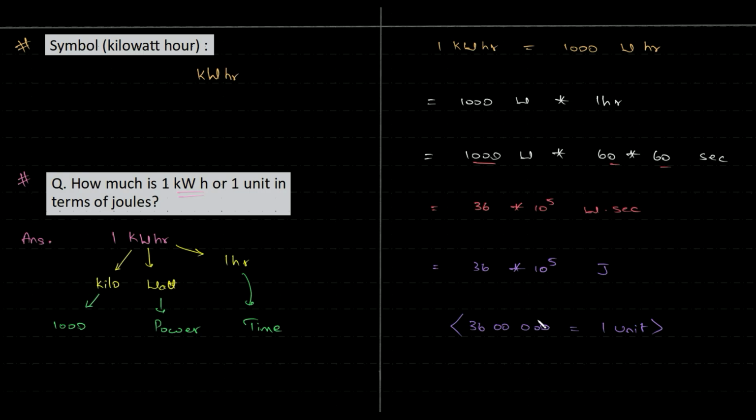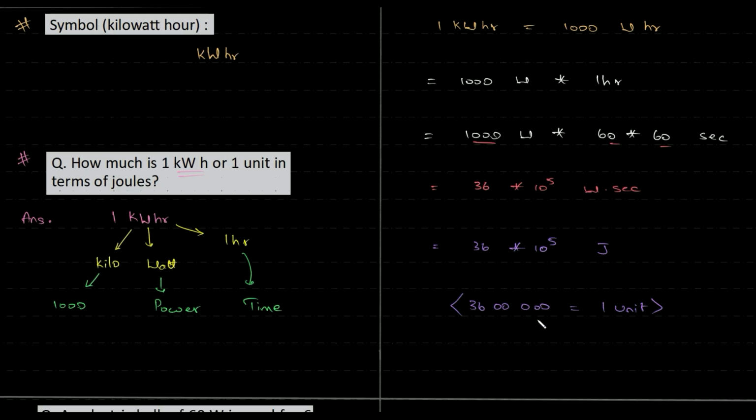Whenever you see any commercial electrical bill, remember 1 unit, there will be unit written over there. I should have put a screenshot of the bill. So this would be in terms of this many joules. This is something you have to remember.